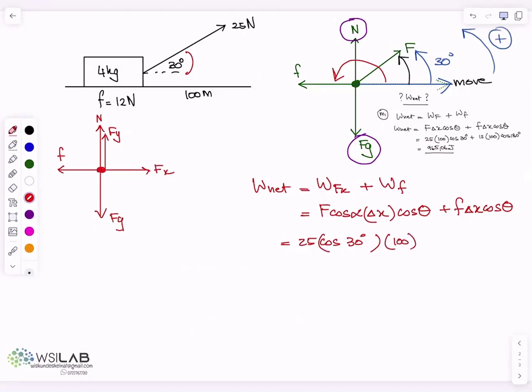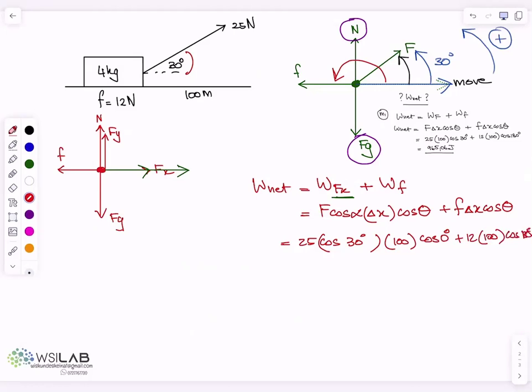And then look at the following. If I've used the x component here, the x component and the direction of movement is exactly the same, then I will have cos 0 degrees there. Can you see that? Because the x component of that force is exactly in line or parallel to the direction of movement, then it is a 0 there. Plus the frictional force, which is 12 times 100 meters cos 180.